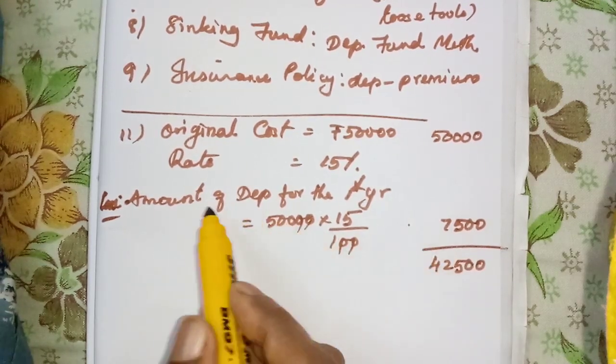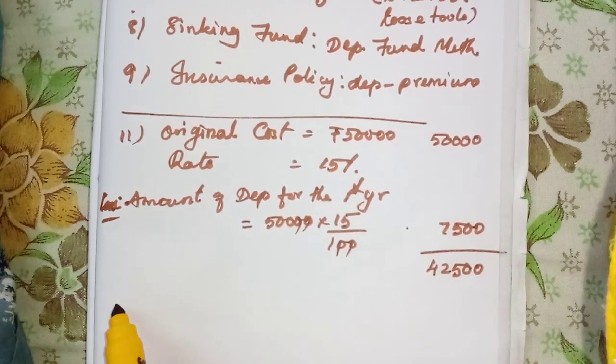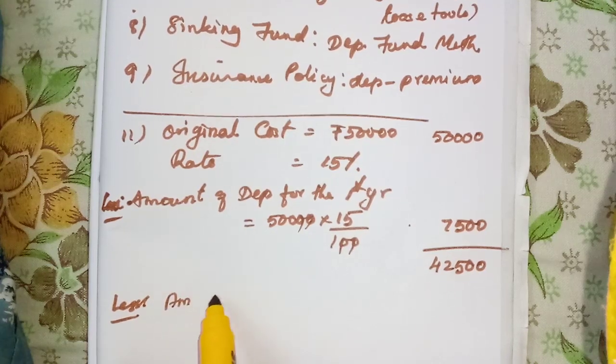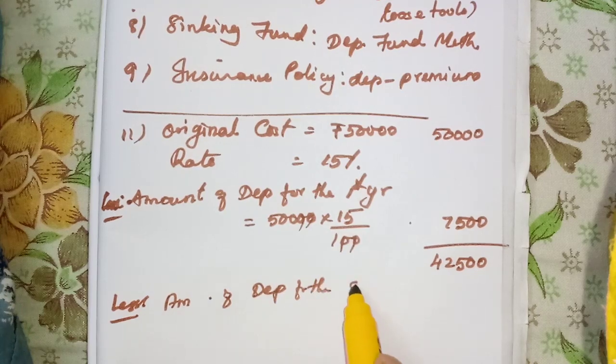We need to deduct this amount from the original cost. Then now again we need to deduct the amount of depreciation for the second year.